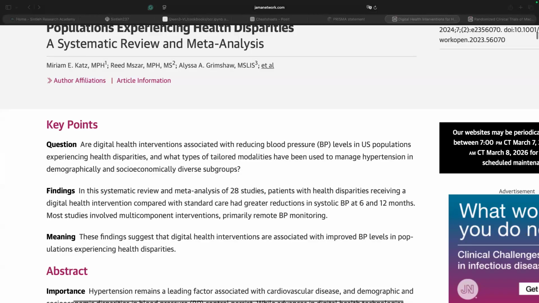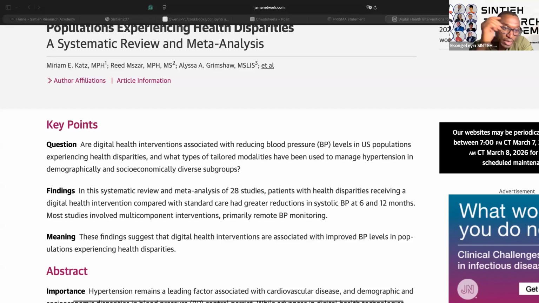Findings: in this systematic review and meta-analysis of 28 studies, patients with health disparities receiving a digital health intervention compared with standard care had greater reductions in systolic blood pressure at 6 and 12 months. Most studies involved multicomponent interventions, primarily remote blood pressure monitoring. Meaning: these findings suggest that digital health interventions are associated with improved blood pressure levels in populations experiencing health disparities.